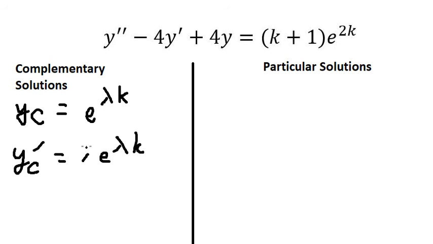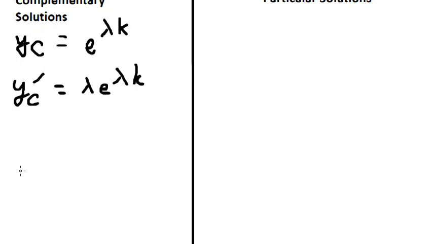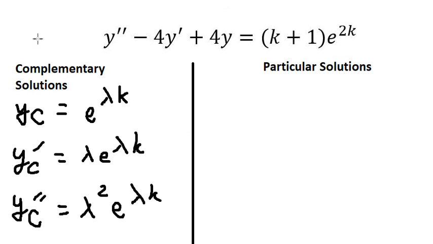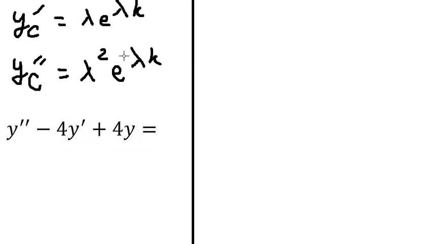So when we do the first derivative, we keep the same e to the power of lambda k, and we differentiate lambda k, and you get lambda. Now we go to the second derivative of yc, and we have lambda squared e to the power of lambda k. Now because this is about complementary solutions, I will put this equal to 0.